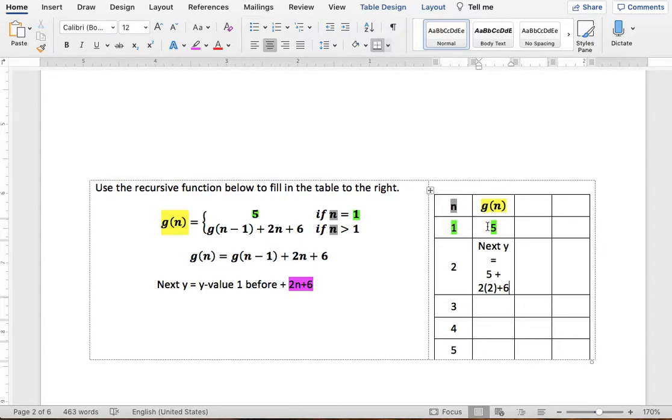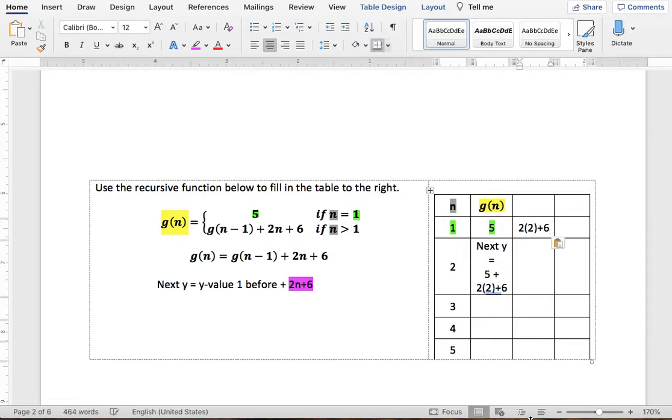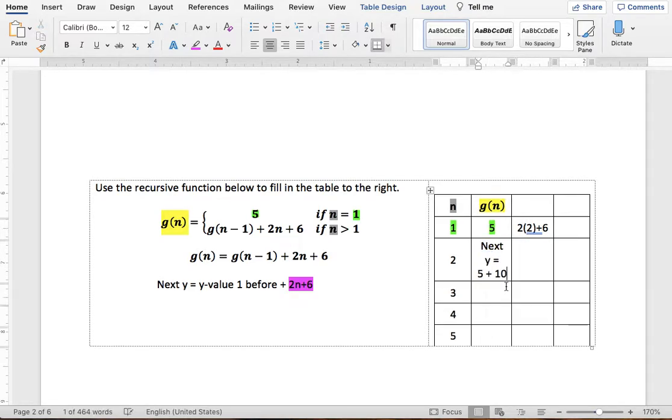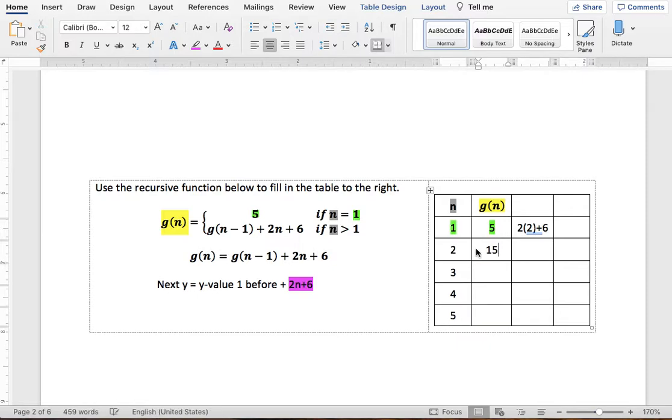Okay, so once again, 5 plus this value here, which turns out to be 2n plus 6, gets me this. 2 times 2 plus 6, that is 10. So 5 plus 10 is 15. So my next y value is 15. All right.